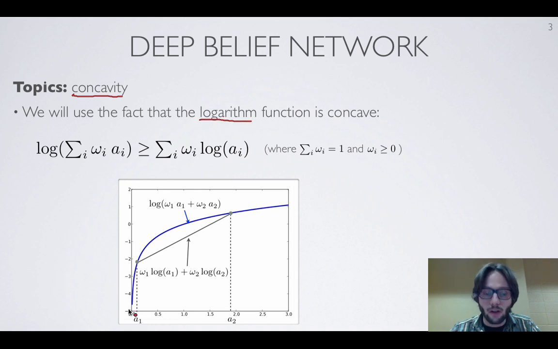So the logarithm function is a concave function, which looks like this. And a concave function has the following property. Let's just think about the log as our concave function.